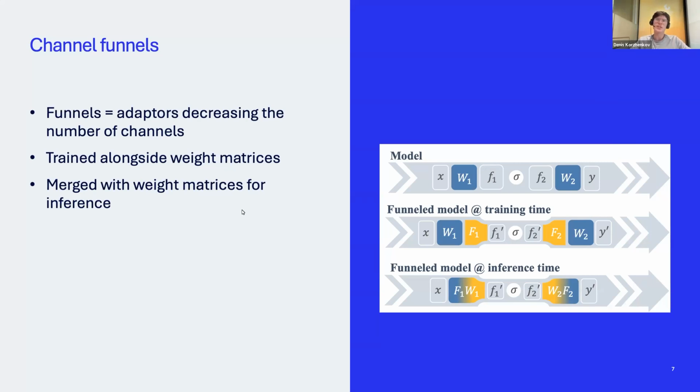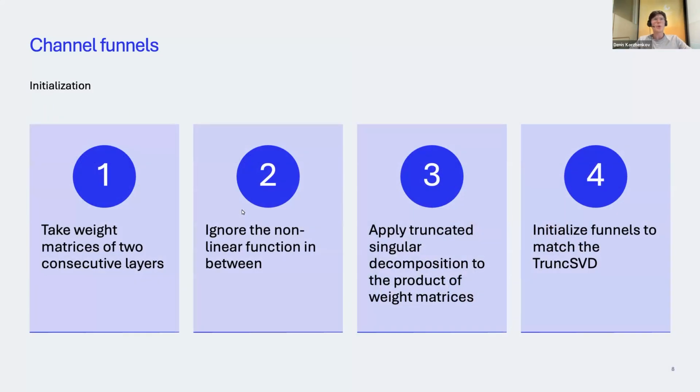But after we introduce this scheme, we need to recap that we are working with a pre-trained model. So if we want to fine-tune this model, we need a good initialization for these funnel matrices. We propose a so-called coupled singular initialization scheme, which relies on a truncated singular value decomposition. Again, let's consider two consecutive linear layers. We take the weight matrices of these two linear layers and ignore the nonlinear function in between.